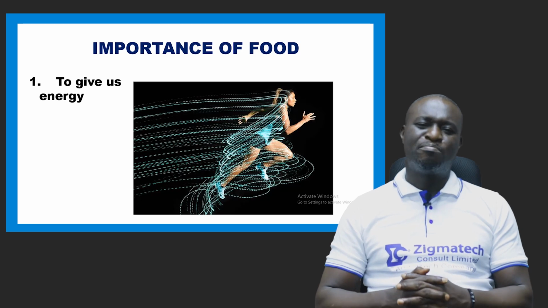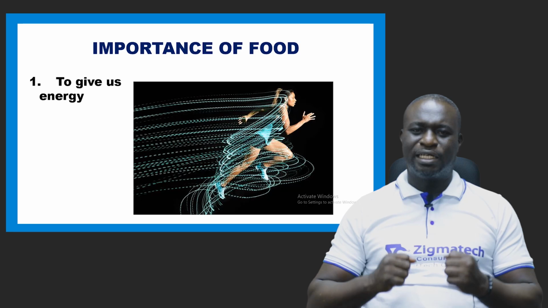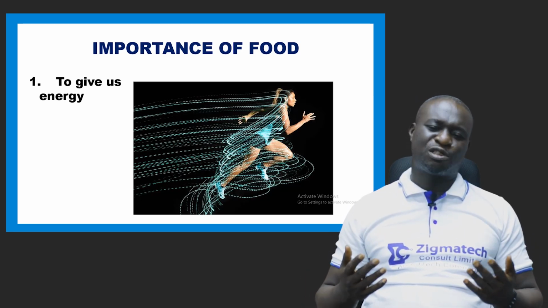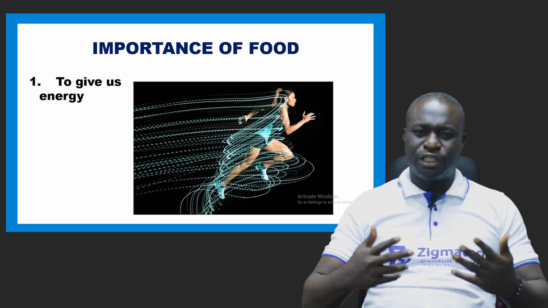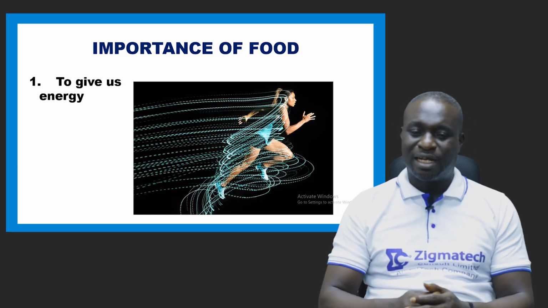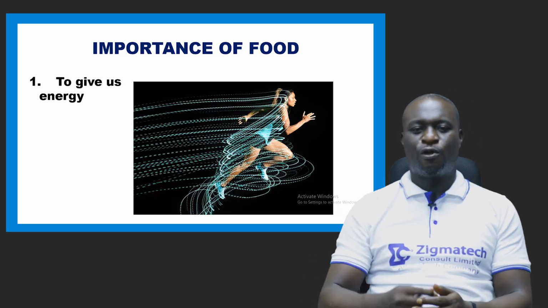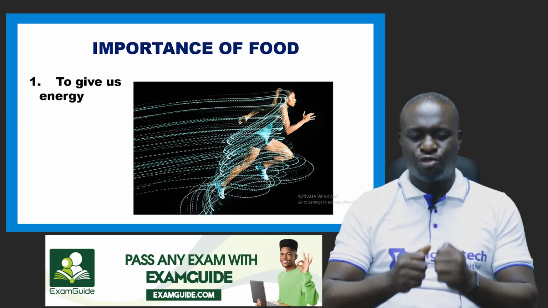Now, one of the importance of food is that it gives us energy. There are several metabolic activities that go on in our body that need energy to drive them. An example is I am talking. For me to be able to talk for a long time, I need energy. Energy is needed to run.